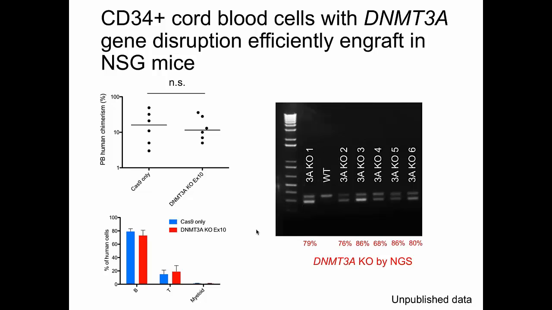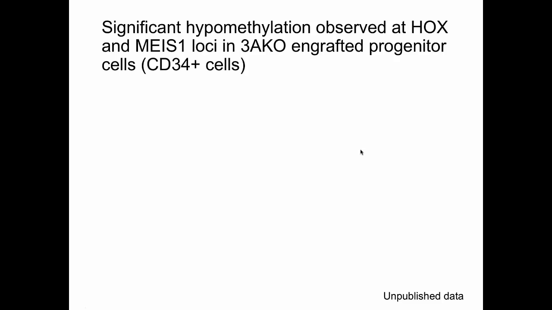Now we took these 1, 2, 3 cord blood knockouts and their matched control samples and started to look at some of our molecular phenotypes. This is really what I think holds the most promise in some ways, at least from a basic biology standpoint, for these new and novel CRISPR approaches in hematopoietic research.